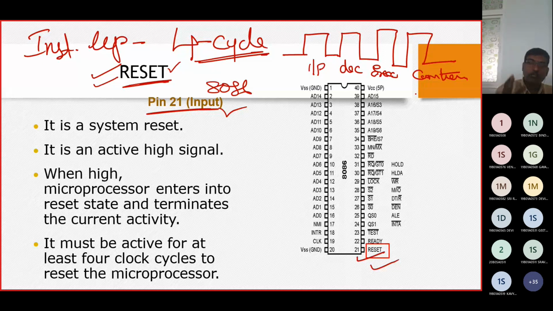So every instruction will have 4 cycles, but how much speed it needs depends on the instruction. It varies from instruction to instruction.